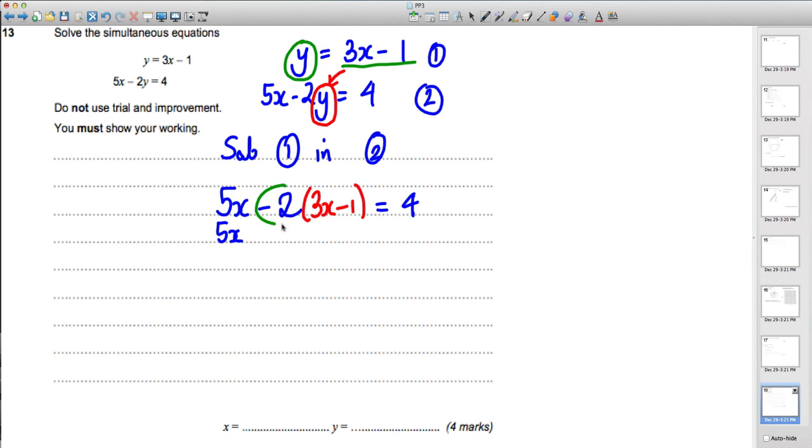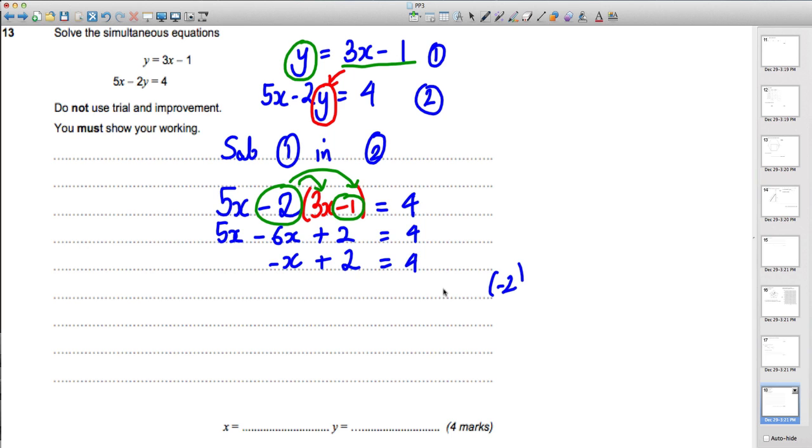This is negative 2 times 3x, which would be negative 6x. And we have negative 2 times negative 1, which is plus 2. Still equal 4. Okay, 5x take away 6x is negative 1x, plus 2 equals 4.